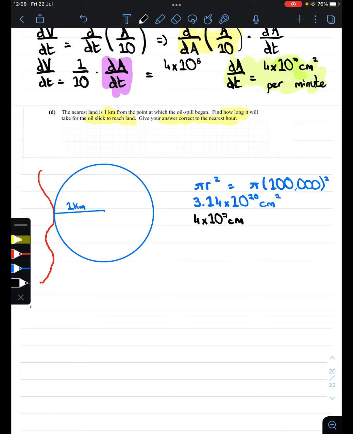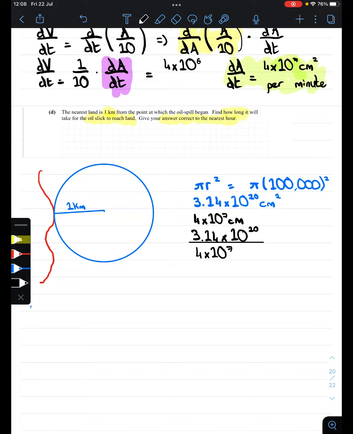Well, we can actually just divide, because it's increasing linearly. So we get 3.14 by 10 to the 10 over 4 by 10 to the 7, and this will give us the amount of minutes it takes.